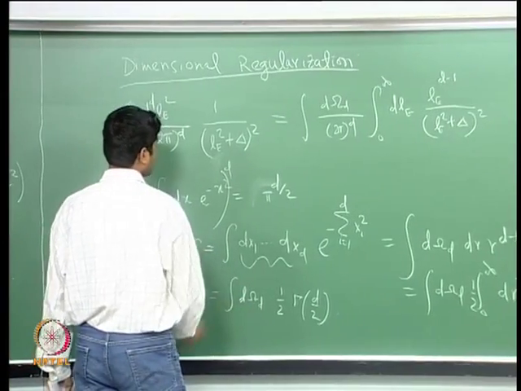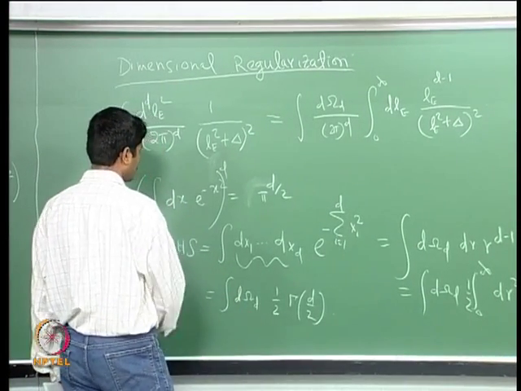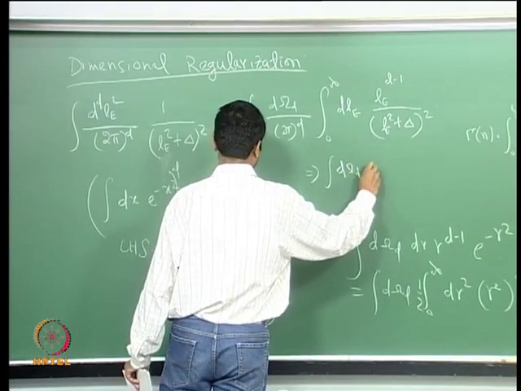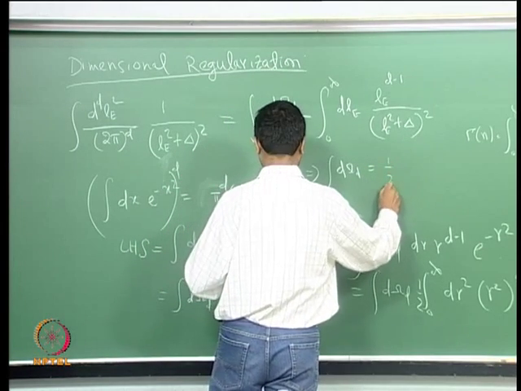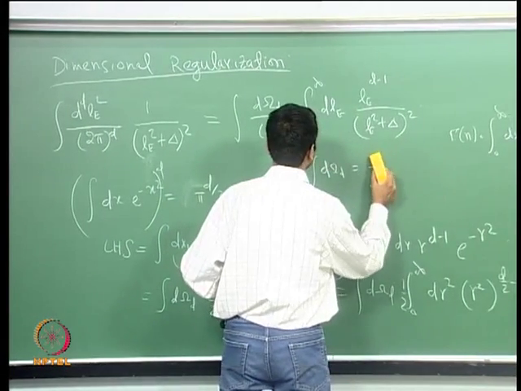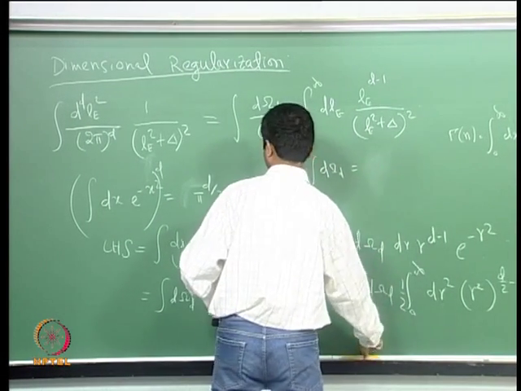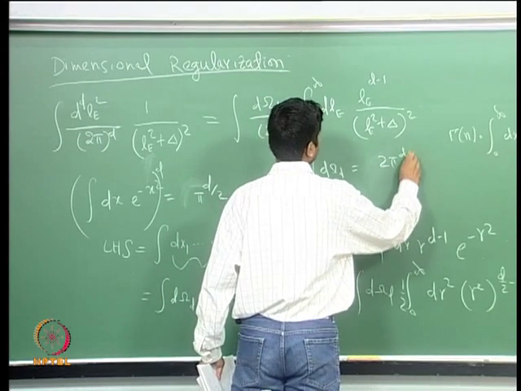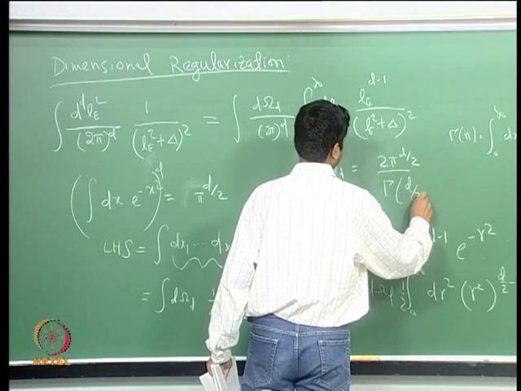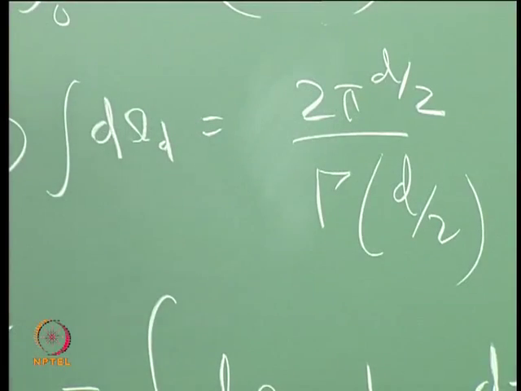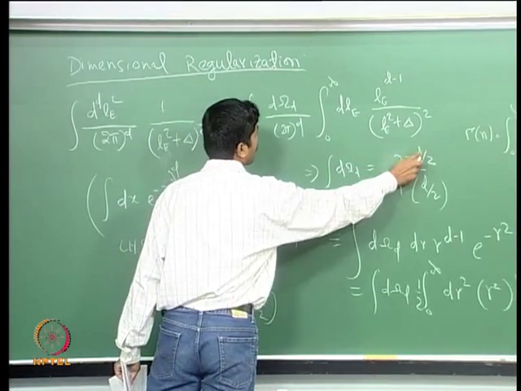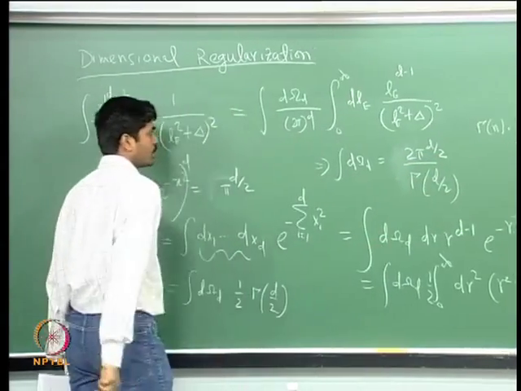This simply implies that the angular integration is given by 2 pi to the power d by 2 divided by gamma(d by 2). So, the first part we have already evaluated, and this simply gives me 2 pi to the power d by 2 divided by gamma(d by 2).